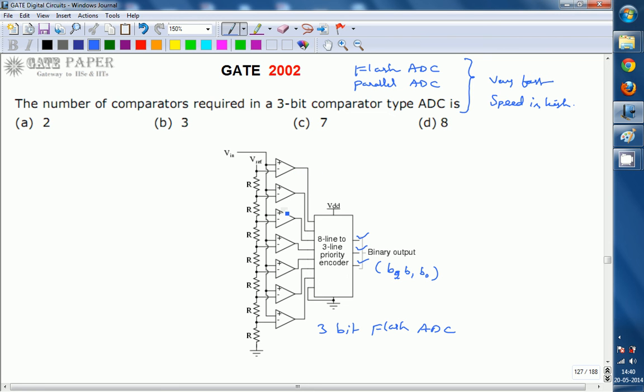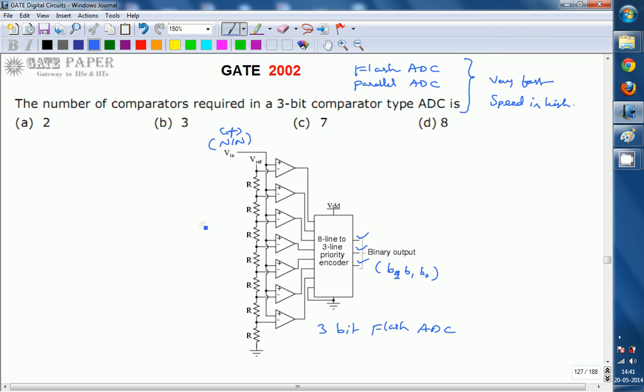The input is connected in parallel to all comparators, which is why it is called parallel ADC. The input signal goes to the non-inverting terminal, and the reference goes to the inverting terminal of each comparator.